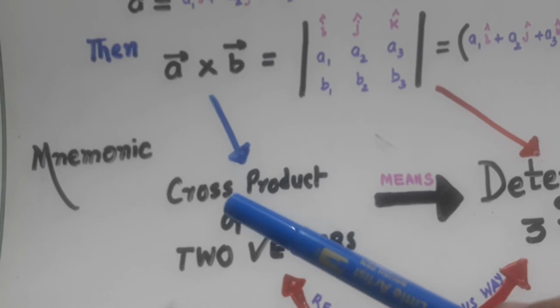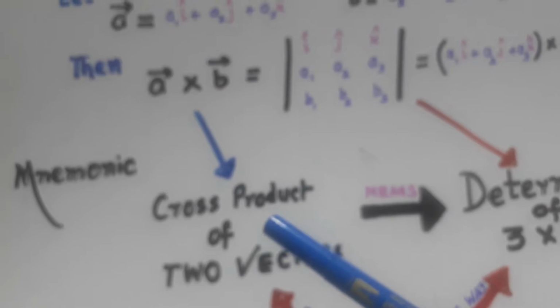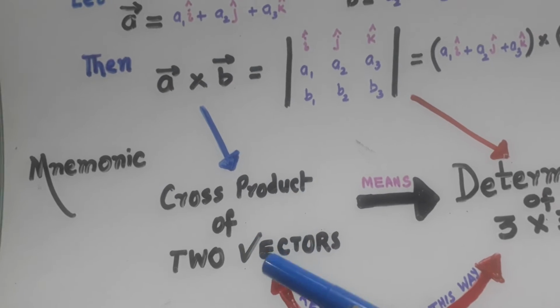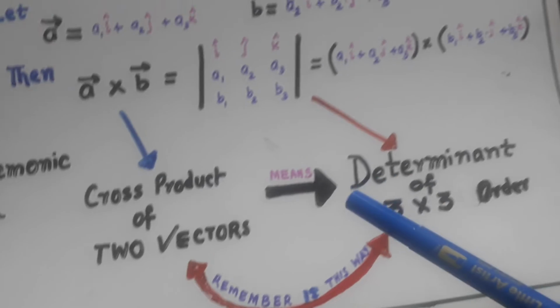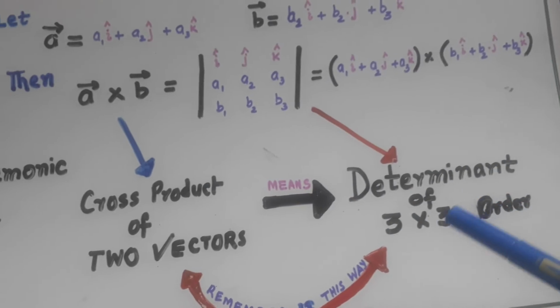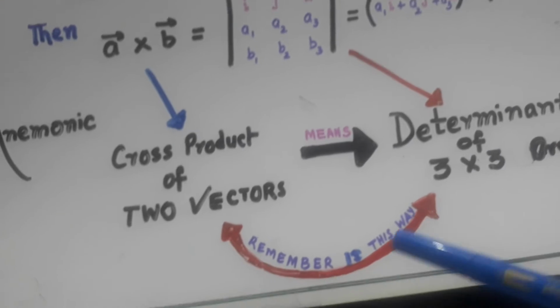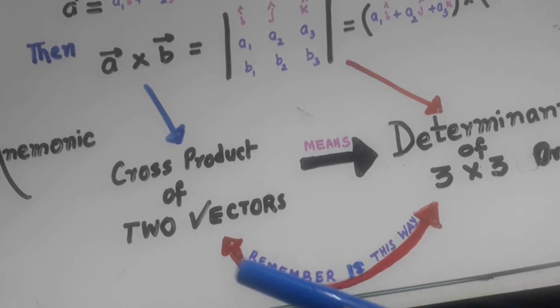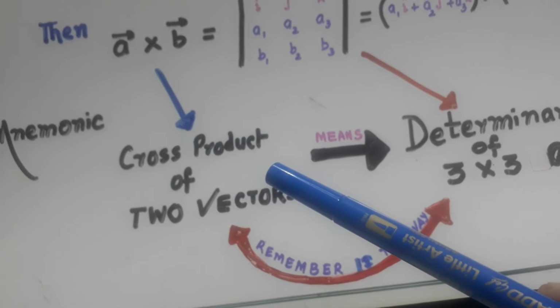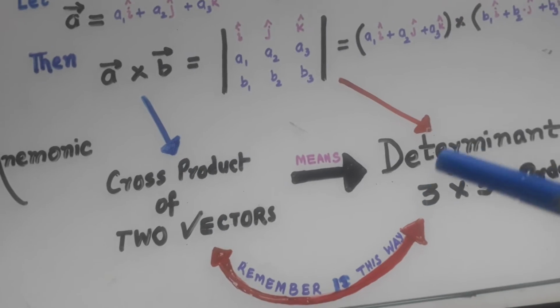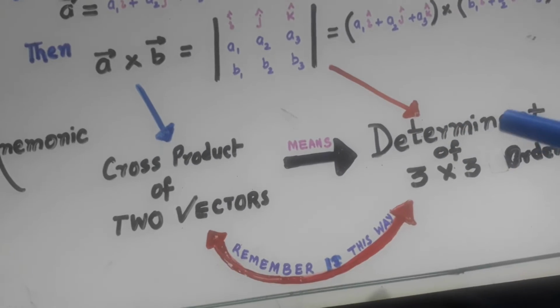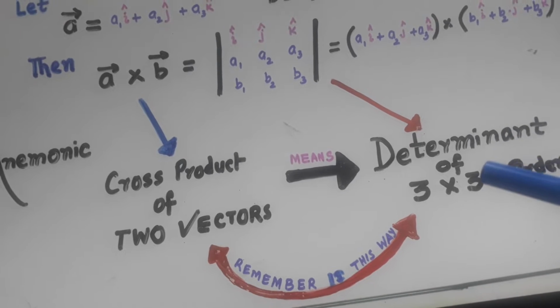Now, mnemonic is like this: cross product of two vectors means determinant. If they are 3 by 3, then it is 3 by 3. So remember: cross product of two vectors means determinant of 3 by 3.